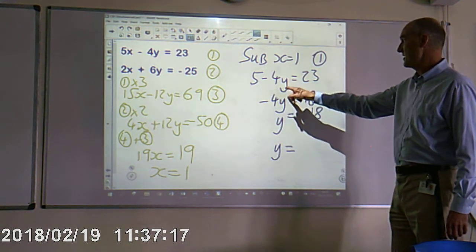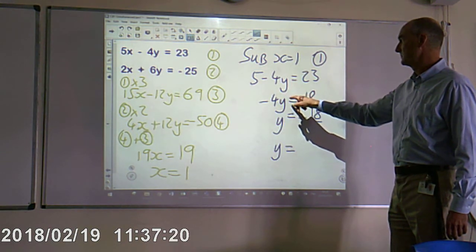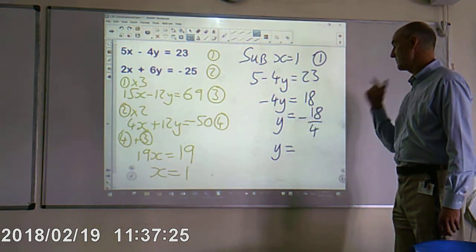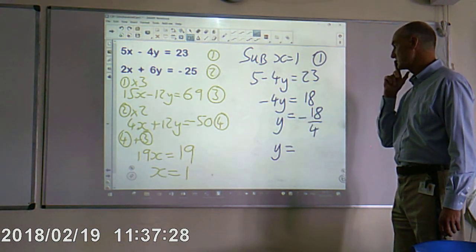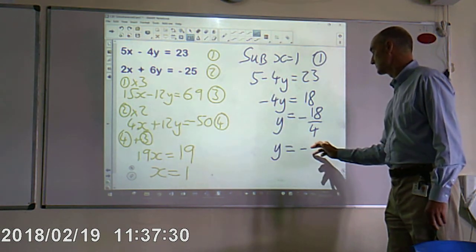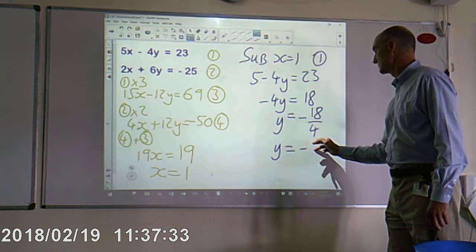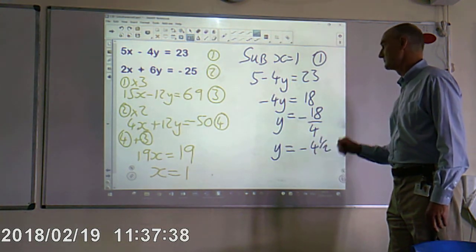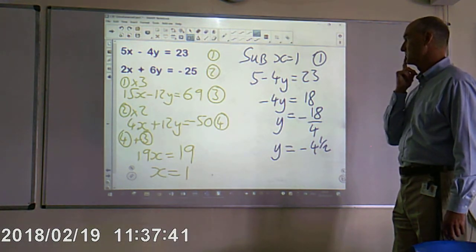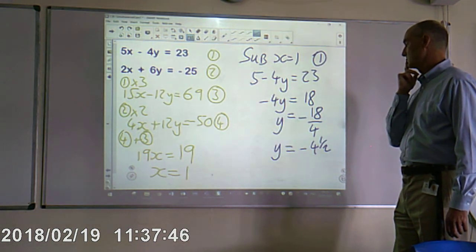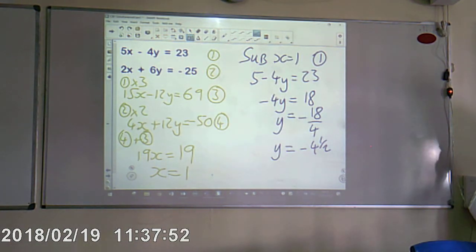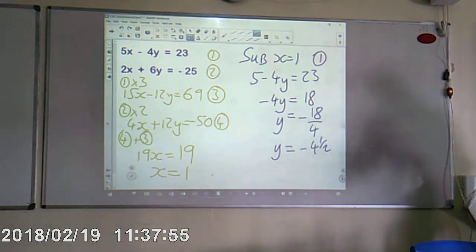Got minus 4y equals 18. So y equals a negative 18 over 4. So let's just think about that. Can that be right? Or have I made a mistake?